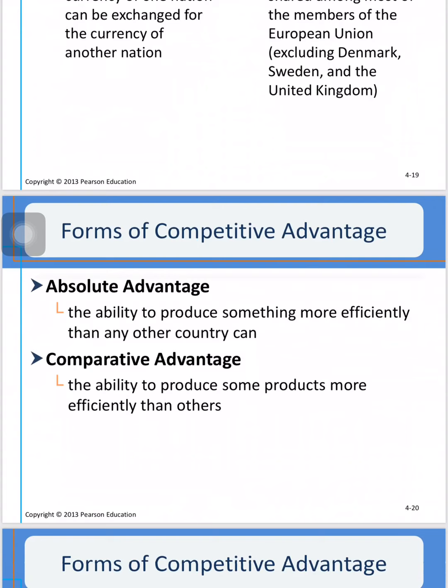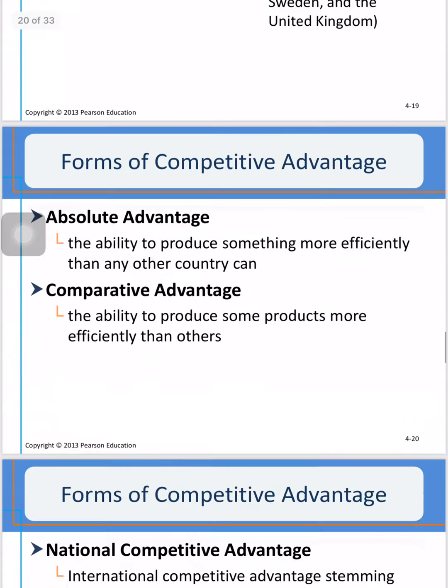In your textbook, page 144, an example is stated: if businesses in a given country can make computers more efficiently than they can make automobiles, then that nation has a comparative advantage in computer manufacturing. This is one example in your textbook.